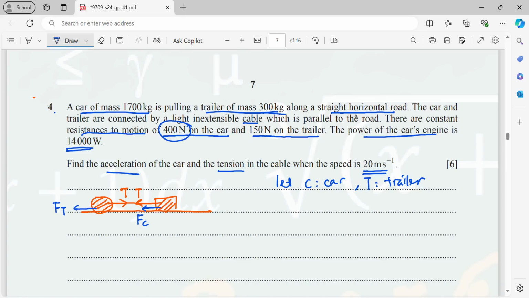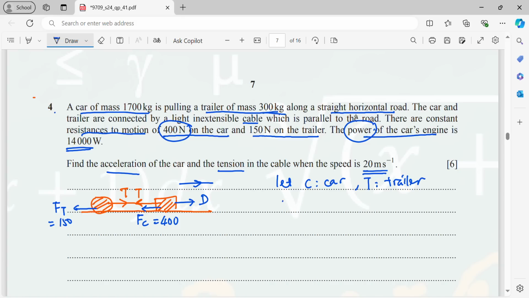So this is 400, and this FT is 150. Now the car is moving to the right side, and since there's power, here you will have a driving force for the car.